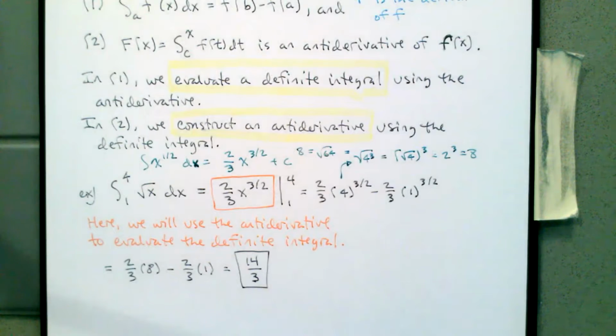The second part is useful in constructing antiderivatives when we can't do our little add 1 to the exponent and divide by the new exponent.